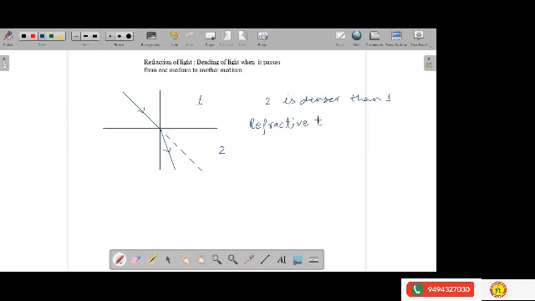The refractive index is equal to c by v. We also call this the absolute refractive index. Why? If medium 1 is air or vacuum, we call this refractive index the absolute refractive index.